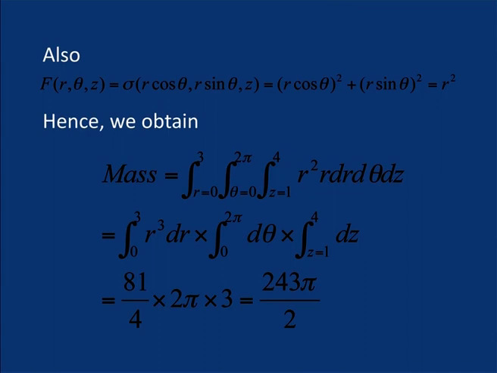Hence, the mass is given by integral from r is equal to 0 to 3, integral from theta is equal to 0 to 2 pi, integral from z is equal to 1 to 4, r square multiplied by r dr d theta dz. We perform the integral with respect to z first, then with respect to theta, then with respect to r, and on simplification we find the value of the triple integral as twice of 243 pi by 2.